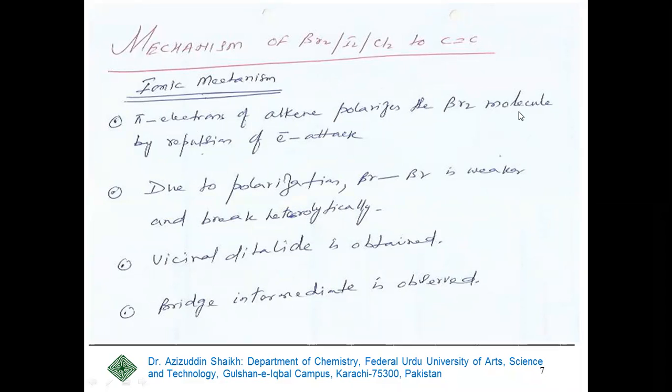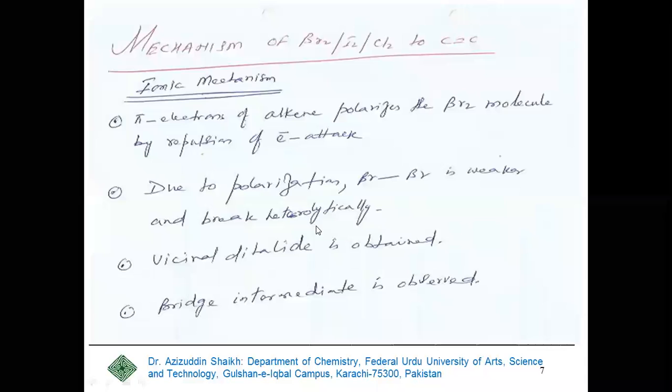The bromine molecule is not polar, but when it comes close to the pi electrons of the alkene, the pi electron density polarizes the bromine molecule by repulsion. Due to polarization, the bromine-bromine bond is weaker and breaks heterolytically.